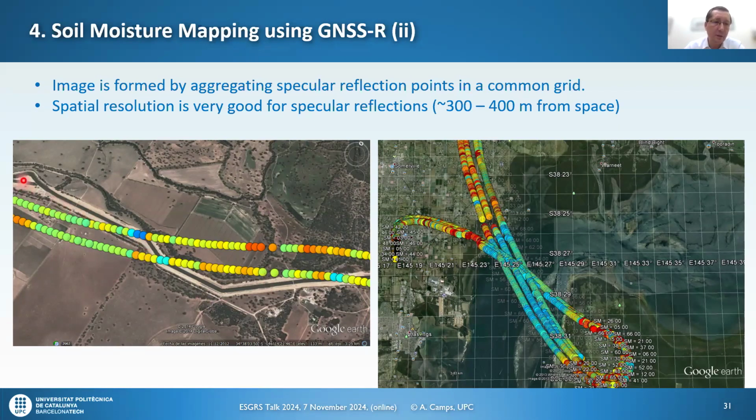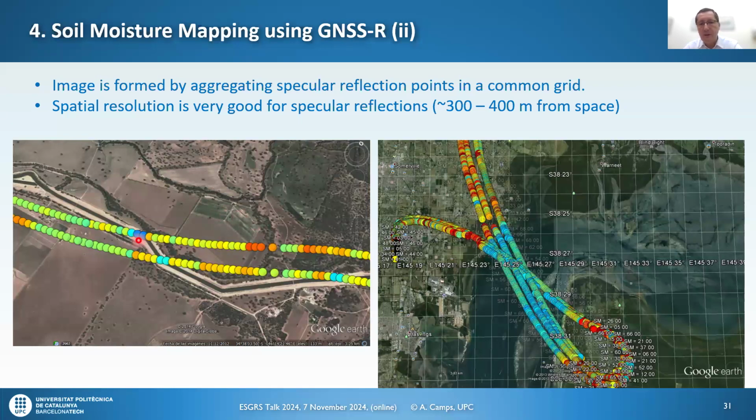And in particular, for example, this is already in the Yanco area. This is an irrigation channel, and you see the high reflectivity that you get when the reflection point crosses the water bodies. You also see the changes in different agricultural fields depending on if they are harvested or irrigated or not.